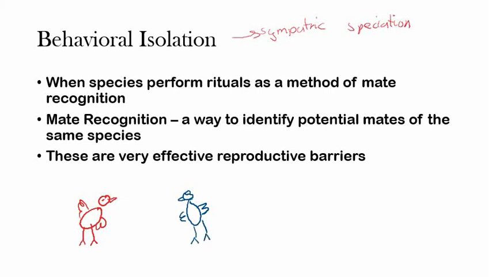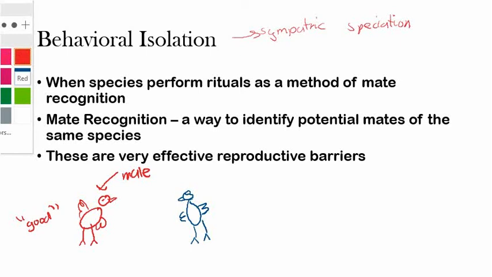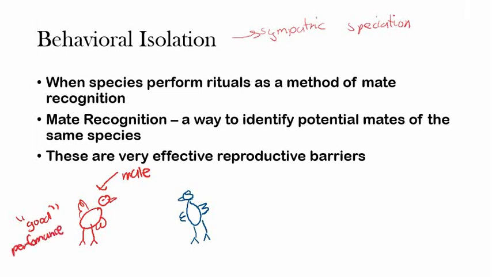So this is the male, and it's giving this performance to the female. Only if it gives a good performance, it'll dance, it'll jump, it does all sorts of things, will the female want to mate with the male.